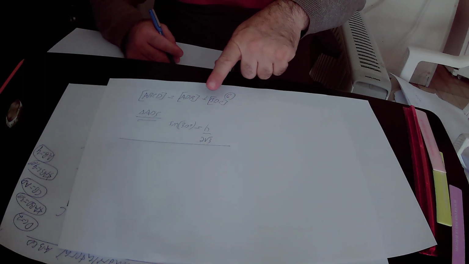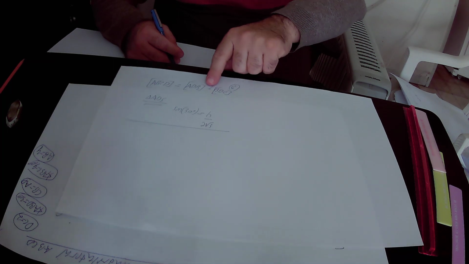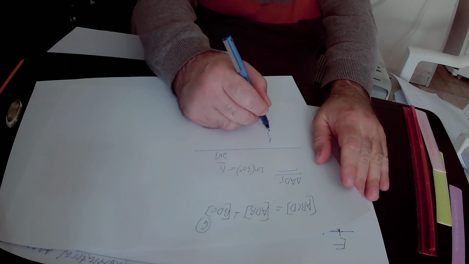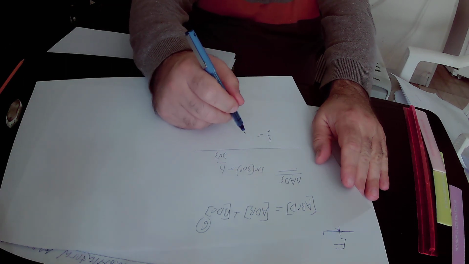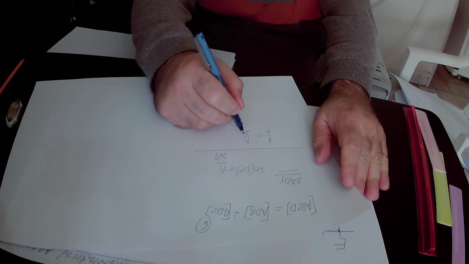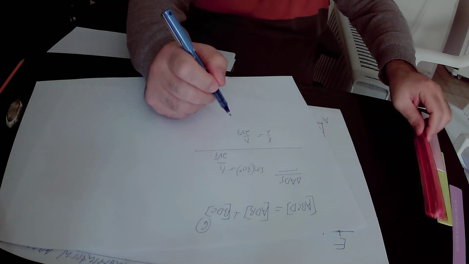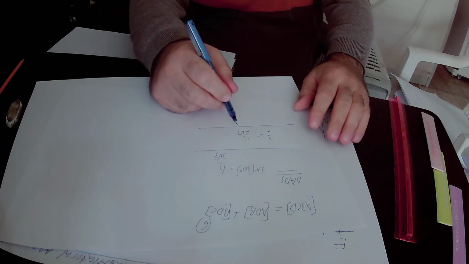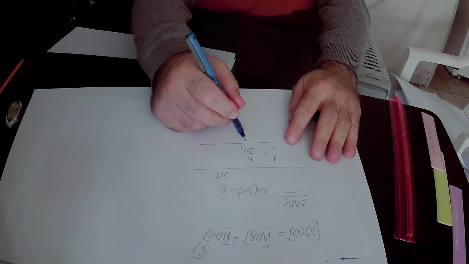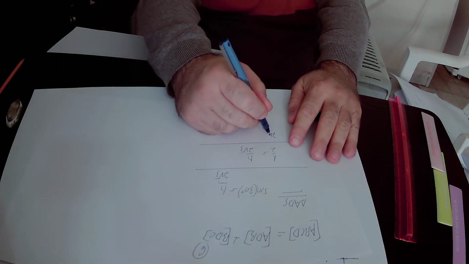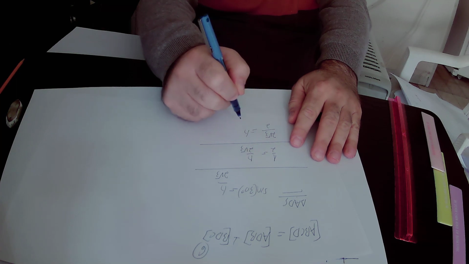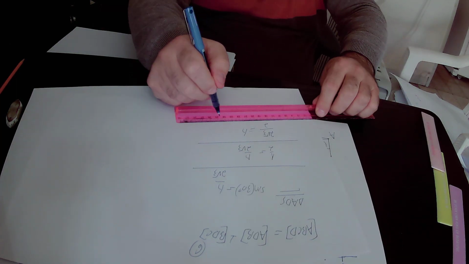We know that sine 30 degrees is 1 over 2, so I write it down. 1 over 2 equals h over 2 times square root of 3 units. We will multiply this equation by 2 times square root of 3 units, and we will get that 2 times square root of 3 over 2 equals h. 2 over 2 is 1.